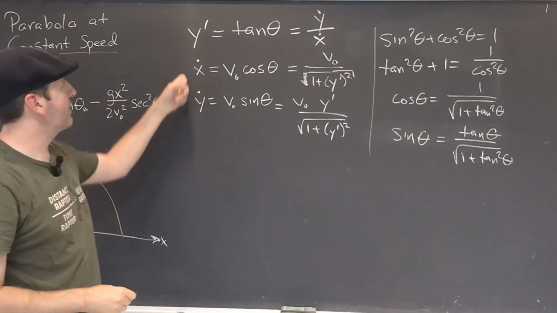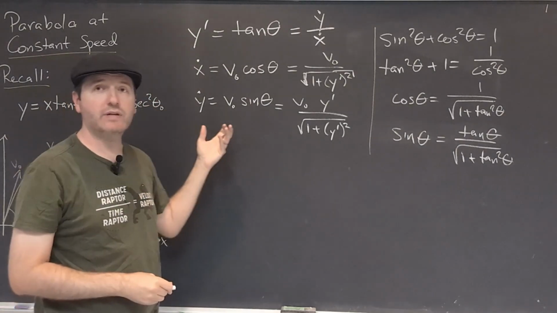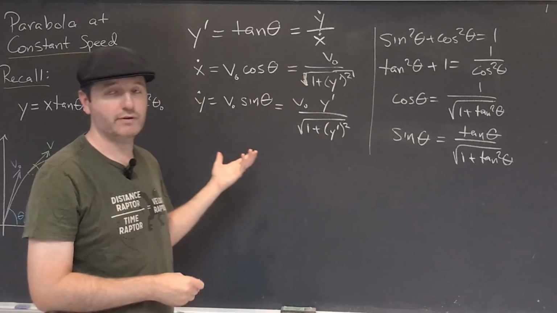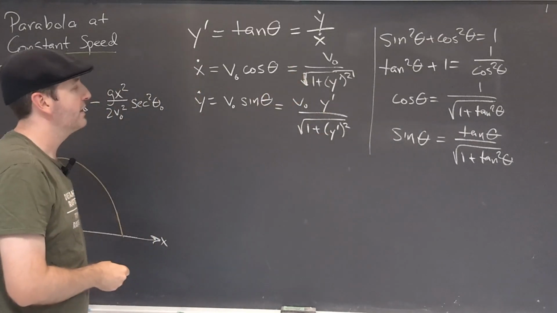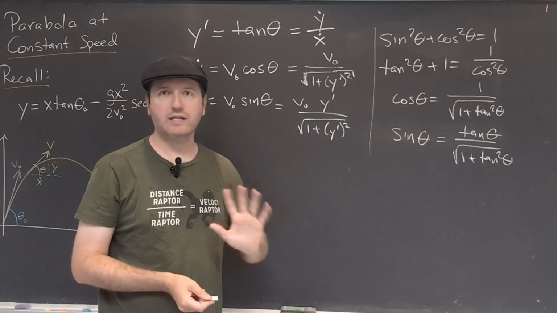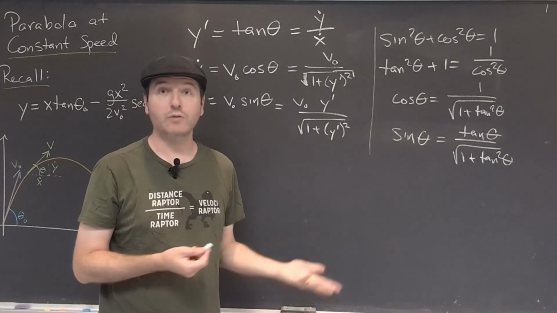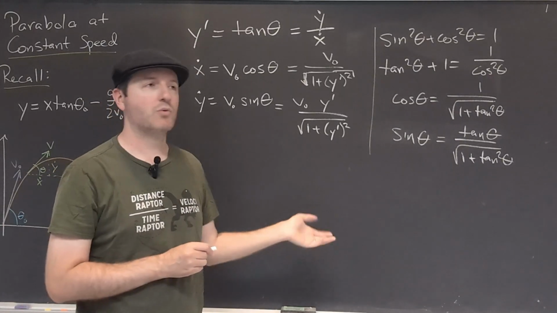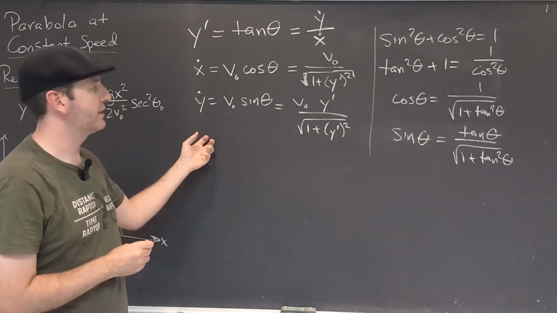So now we've been able to rewrite our time derivatives of position in terms of these y primes, the spatial derivatives of our trajectory. Now, we're not really after the velocity components. Well, we could be, but what we're really after is the acceleration. So we're going to have to take another time derivative here.